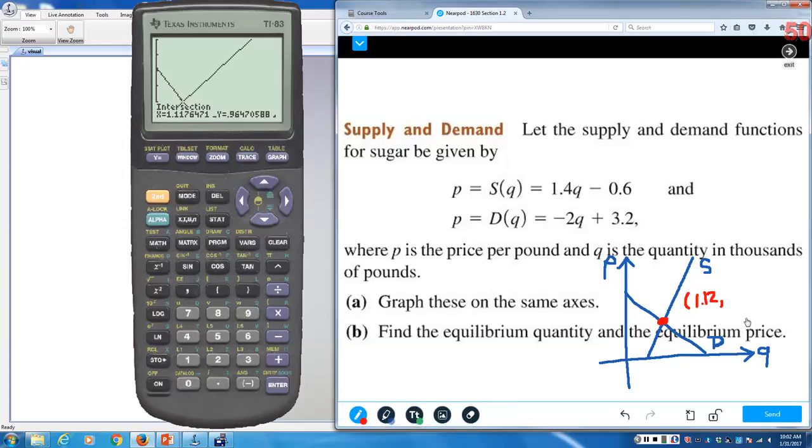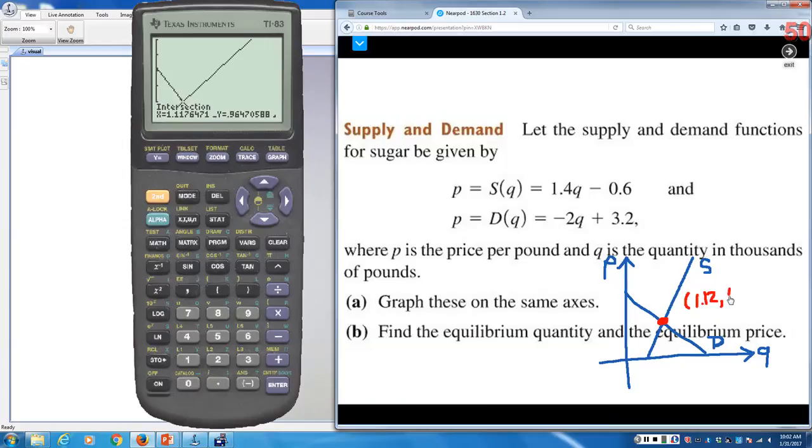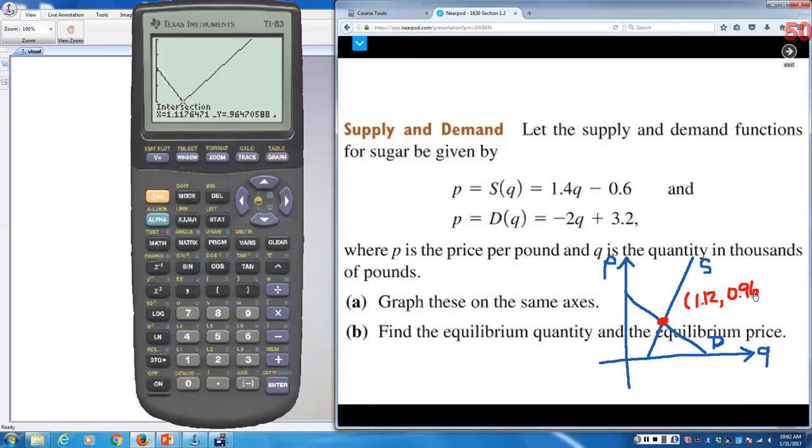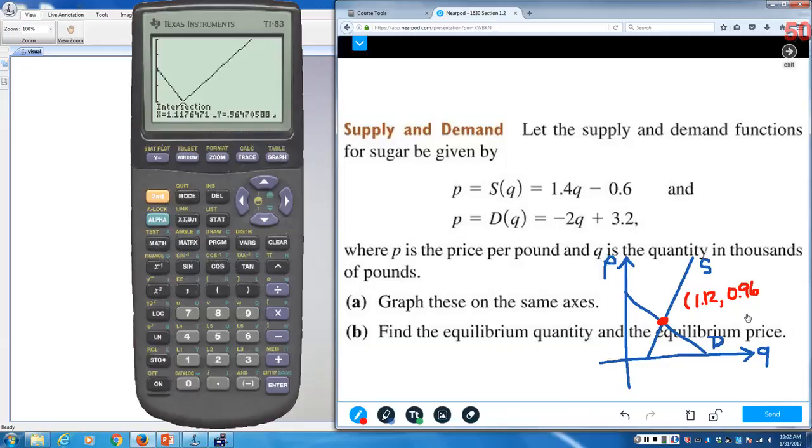And 0.964 would round to 0.96. What did you put for X equals? I didn't put anything for X equals. Hit second, trace, and choose number 5. And then hit enter 3 times.